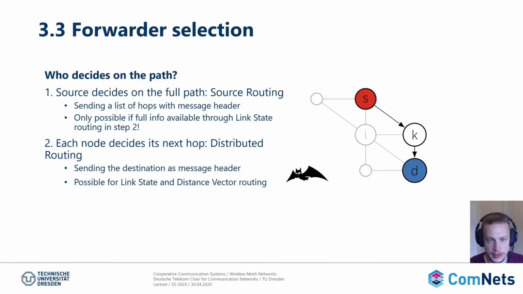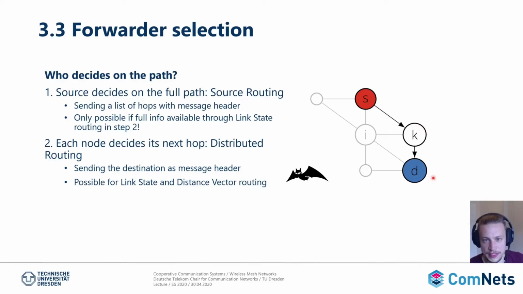Another method is where each of the nodes on the path would decide its next hop towards the destination. So there would be only the destination in the message header as the goal to go to, and each of the nodes on the path then would decide. So S would decide that it would forward to K, but would not tell K where to forward it to then.